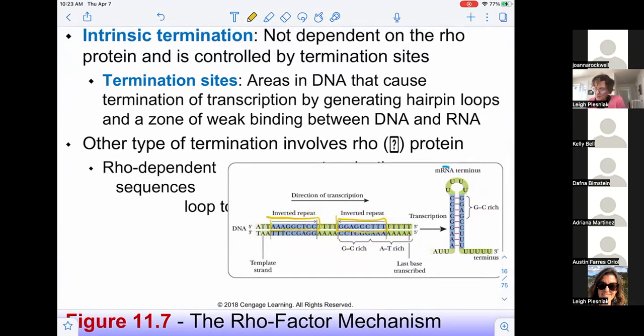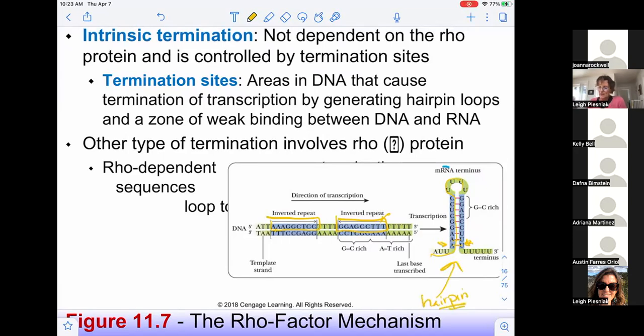And when you make the messenger RNA, here are the A's, and then they're here, and these will be U's. What you wind up with is a single-stranded piece of messenger RNA that is self-complementary. Because this is a single strand, and this region is complementary to that end, and that is how you get a hairpin.